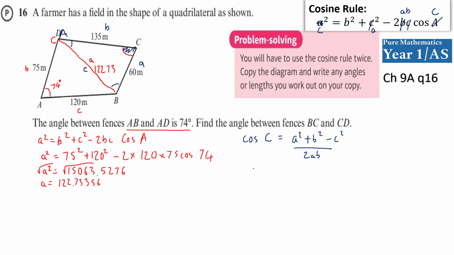So you just substitute those values in, and in this instance I've said my little a is 60 squared, my b is 135 squared, minus c squared.